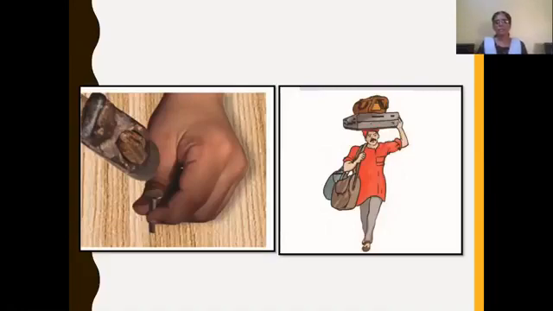Now if you see the next picture, that is a porter carrying a heavy load. Have you seen what the porter does before keeping the load on his head? He rolls a cloth in a wider manner, and first he keeps that rolled cloth, and then on the cloth he keeps the heavy load on his head.